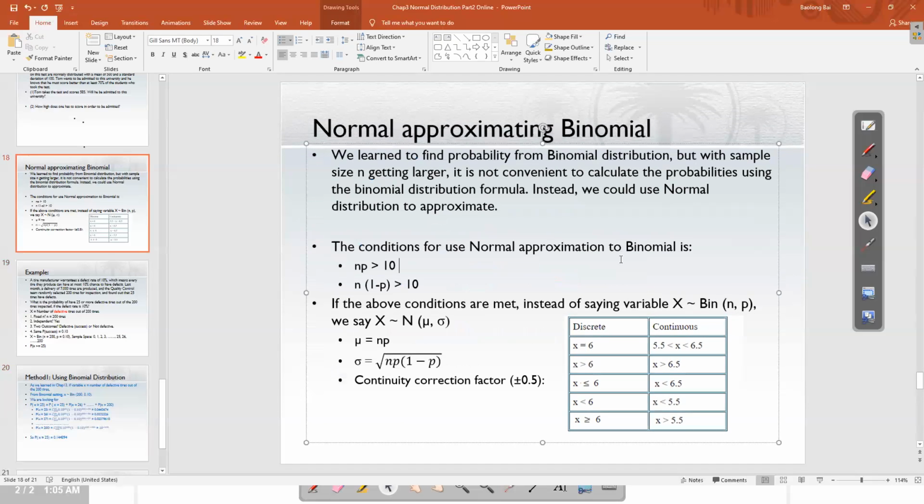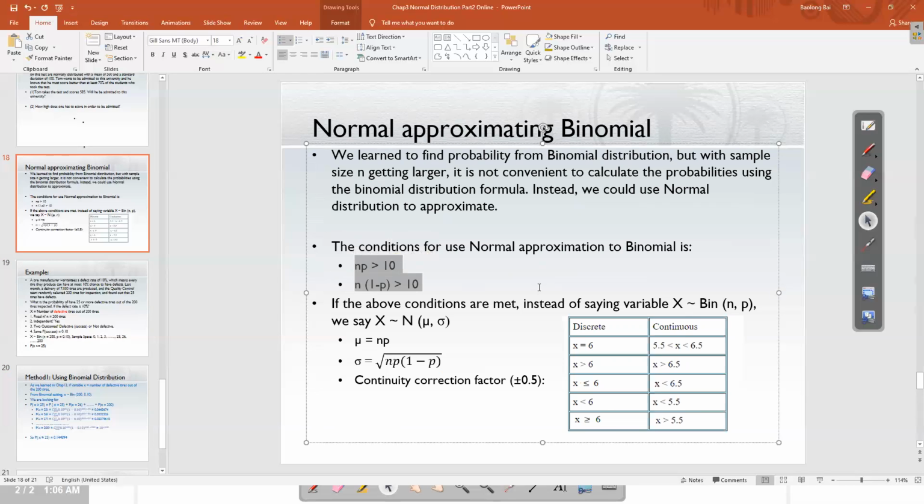Not all binomial distributions can be approximated. Only if certain conditions are met are you able to approximate. So what are the conditions? We have two. For the binomial parameters n and p, we need n times p to be greater than 10, and at the same time, n times 1 minus p needs to be greater than 10.